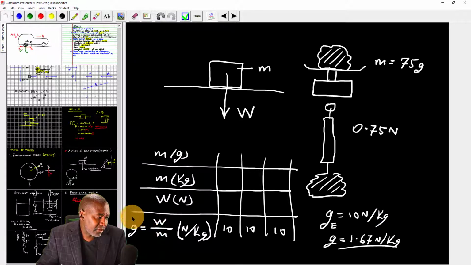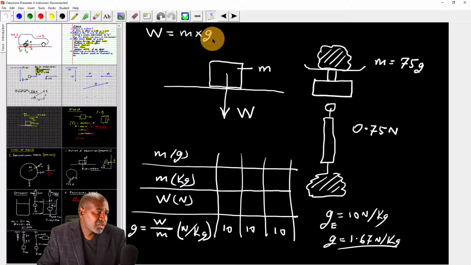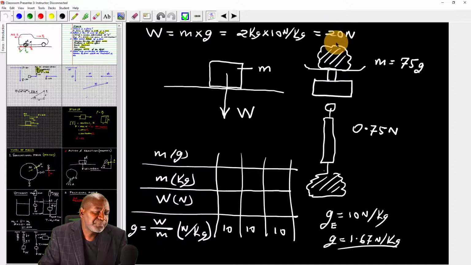According to this equation here, you can write W being the subject, and you can see that it's going to be equal to mass times g. So if you have a mass of 2 kilograms on Earth, its weight will be 20 newtons.